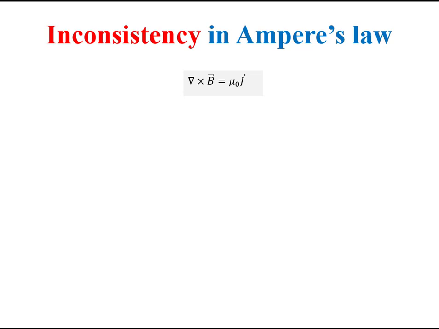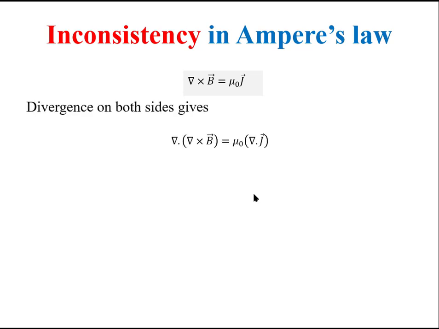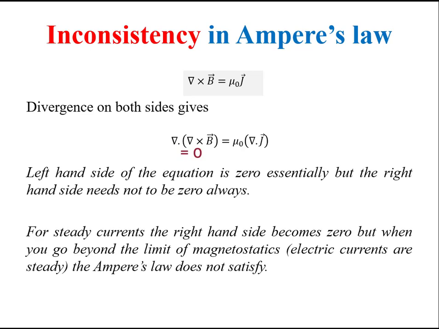Now let us discuss the inconsistency in Ampere's law, which inspired Maxwell to work on the concept of displacement current. This is the Ampere's law in differential form. If you take the divergence of this equation, you will get this. Now if you see this equation, the left hand side is 0 essentially, because the divergence of a curl of any vector field is 0 always.